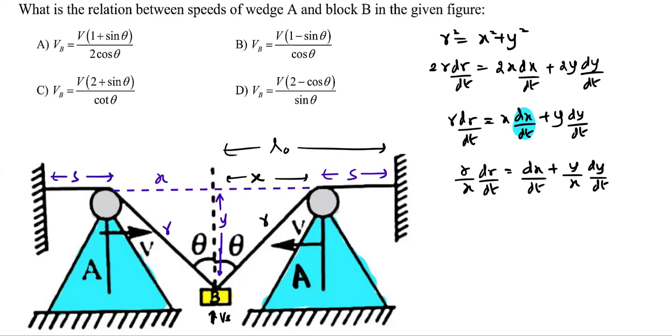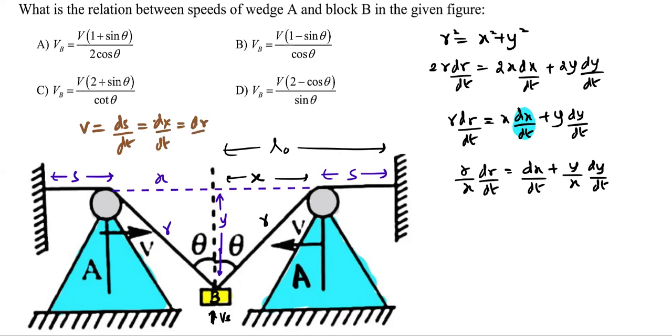So now the change in length of this part of the string is what? v. So we'll write down here. These conditions are very important. v equal to ds by dt. Then we know L naught is equal to x. This is also equal to dx by dt.